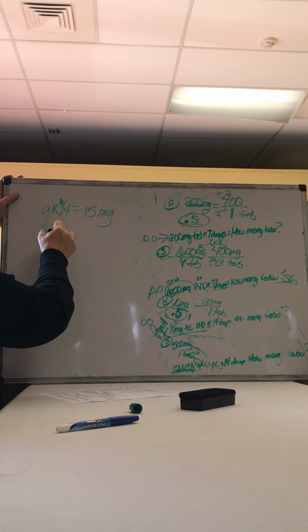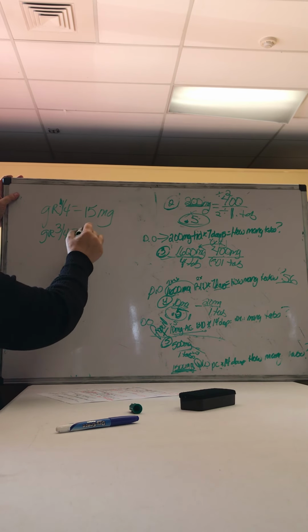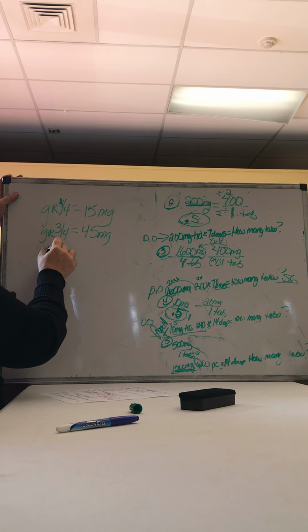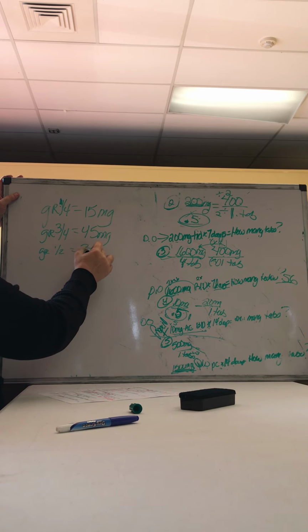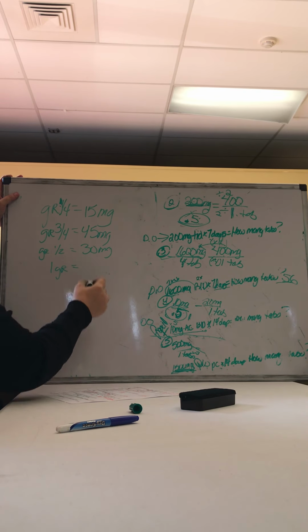So if I got grain 3/4, what is it? 45. Yeah. Okay, I see it's coming better to you. How about grain 1/2? 30. Yes. And a whole grain equals how many milligrams? 60.